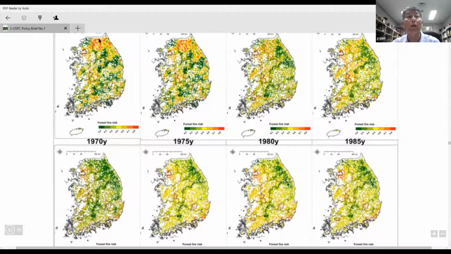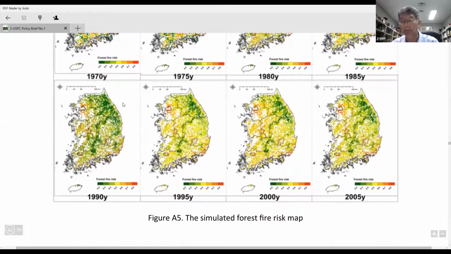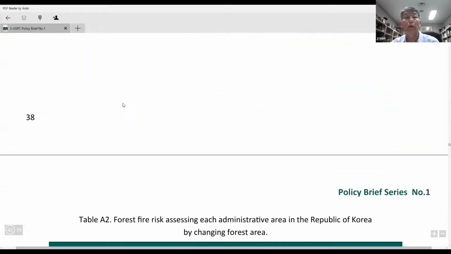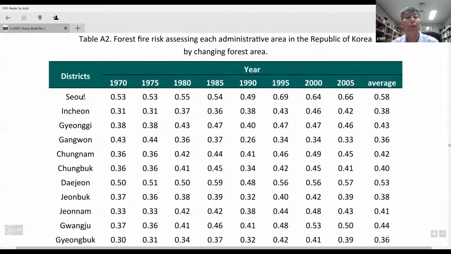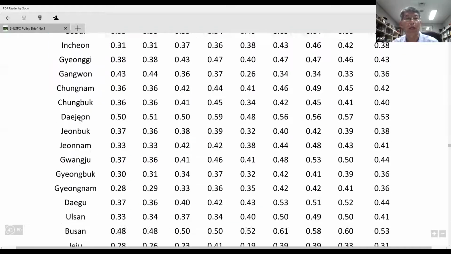Okay, in some areas, high risk. The other areas, low risk. Okay, forest fire. And then forest fire risk assessment by district, by area.